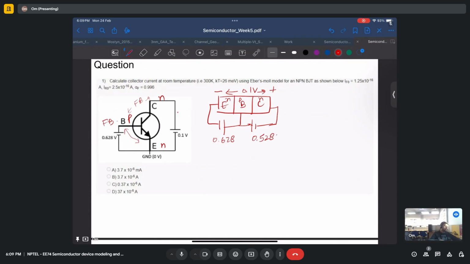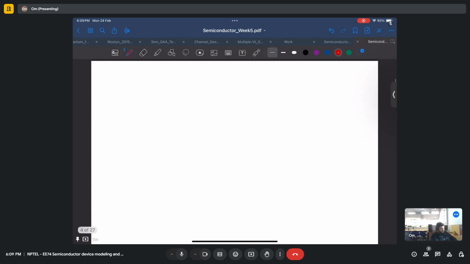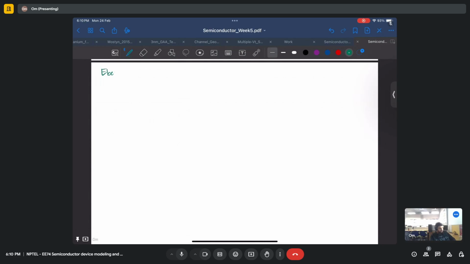Okay, so let me first tell you what is the Ebers-Moll model, so that you can attempt the question. In the Ebers-Moll model, we model a bipolar junction transistor as back-to-back connected diodes.